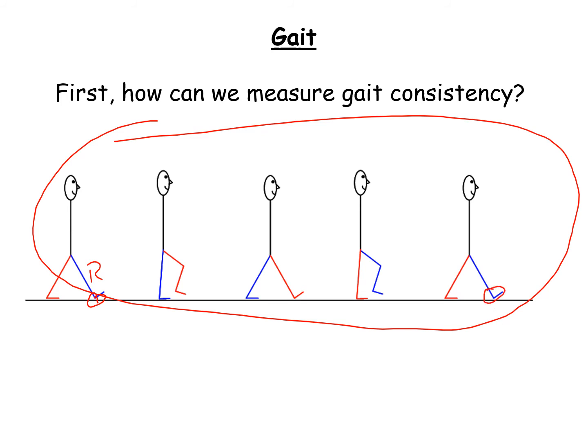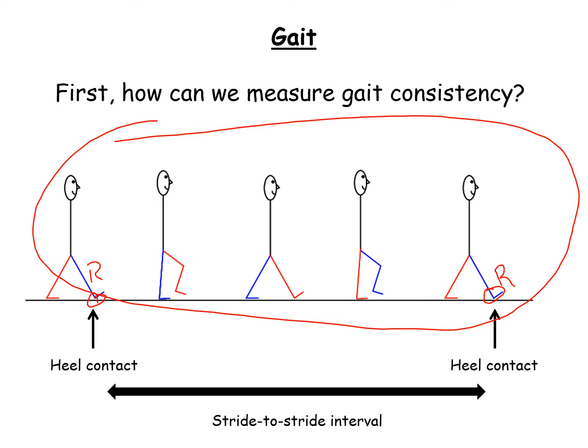So it's heel strike to heel strike. This is where we look at the gait cycle. Heel contact to heel contact, or heel strike to heel strike of the same foot. So right now we're just looking at the blue leg. This is our stride to stride interval or one gait cycle. You'll hear those two terms.